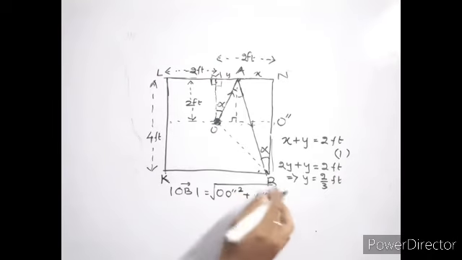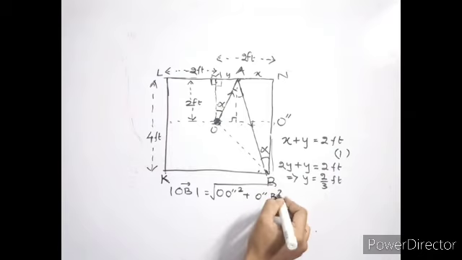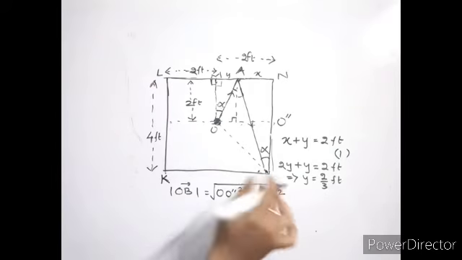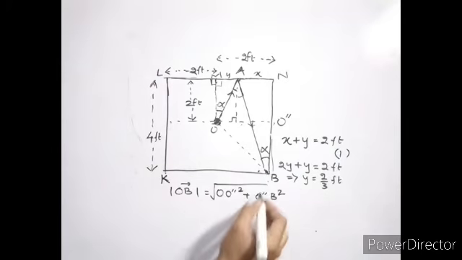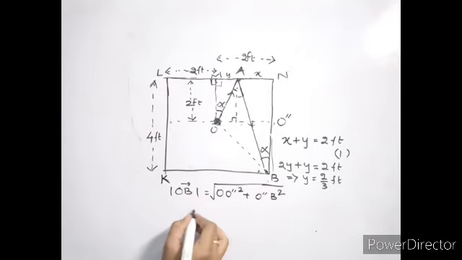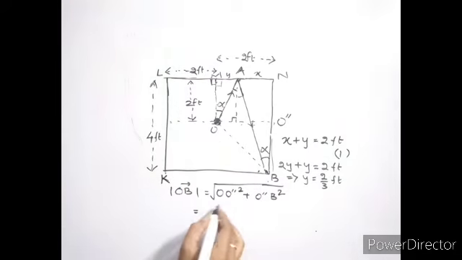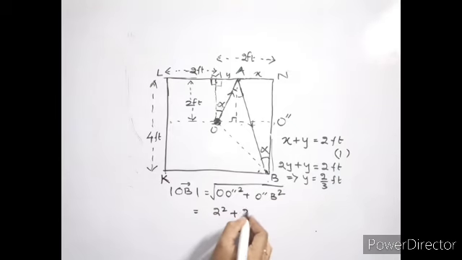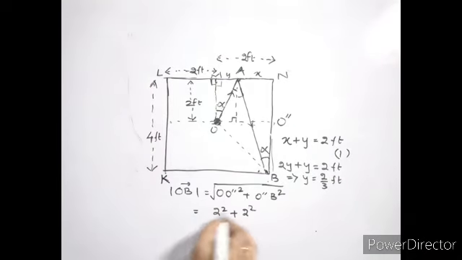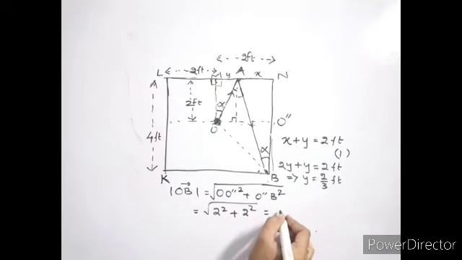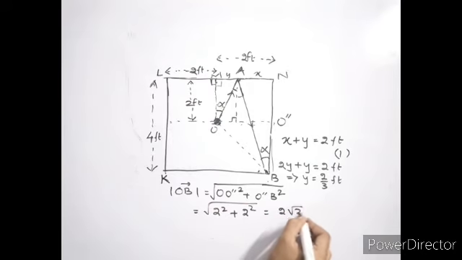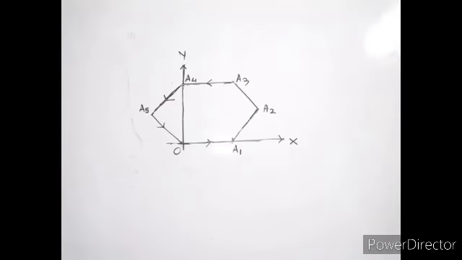Taking these square terms and the root, we can obtain the value of OB, and the values are 2 feet each in each case. So 2 squared plus 2 squared, taken root over, we get root 8, that is 2 root 2 feet. Okay, so we've obtained all our answers.